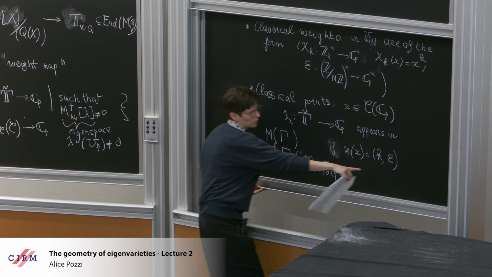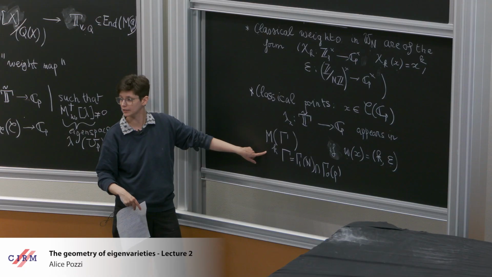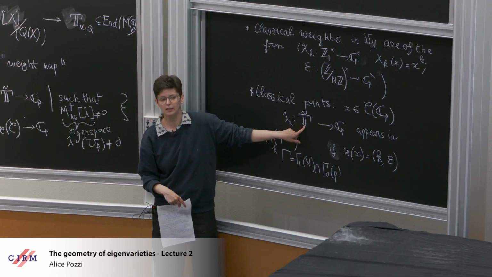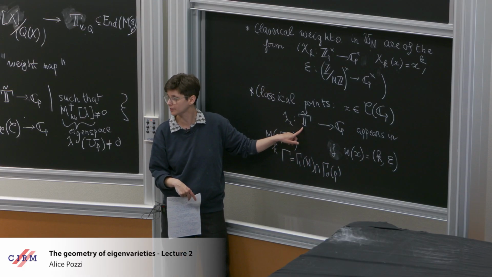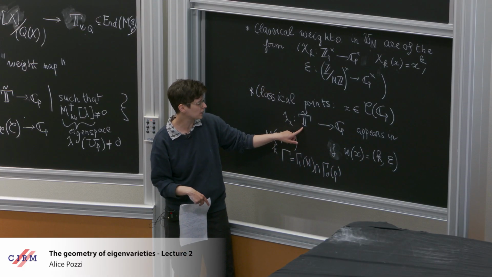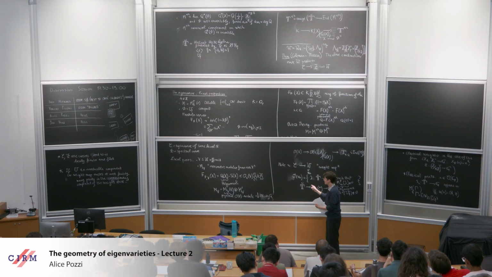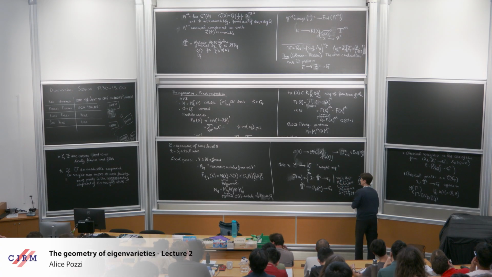I don't need to worry as much about this epsilon, so I'm not going to include it in the definition here. This is because this will have to do with the action of the diamond operators, and this will be encoded in the way one interprets this space of modular forms over this arbitrary base.